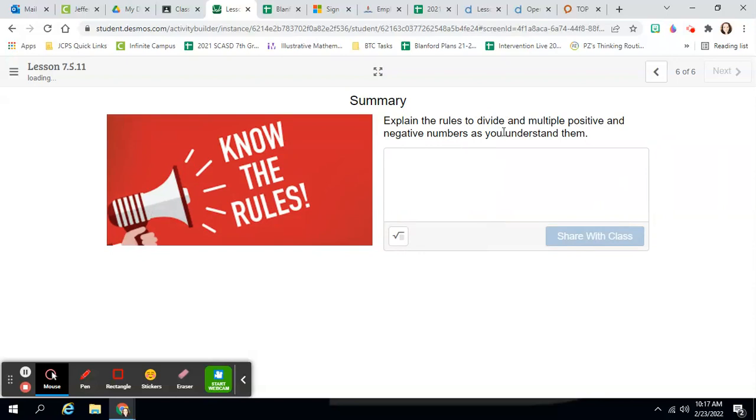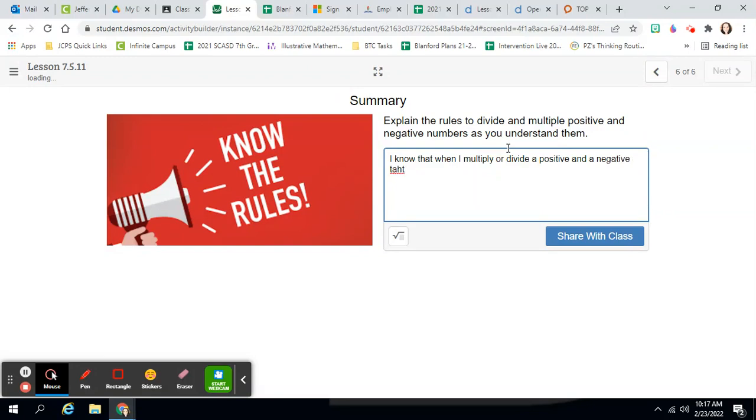Explain the rules to divide, and it should say multiply, positive and negative numbers as you understand them. I know that when I multiply or divide a positive and a negative, the answer will be negative.